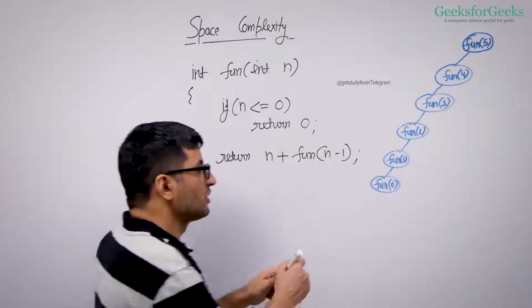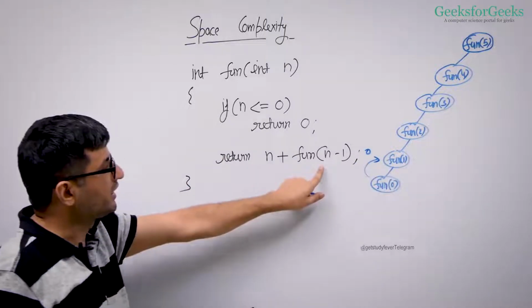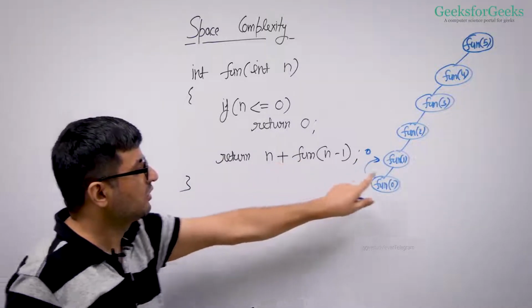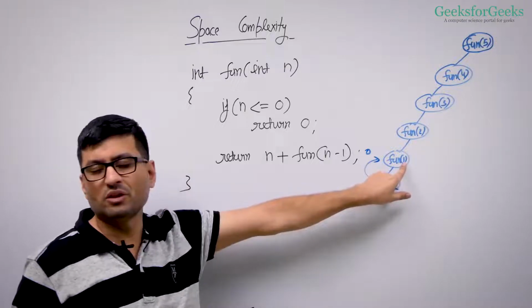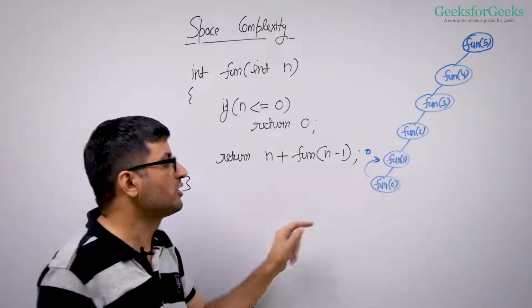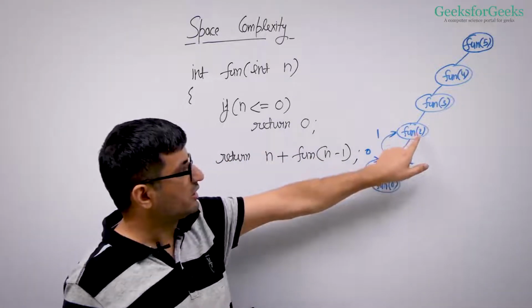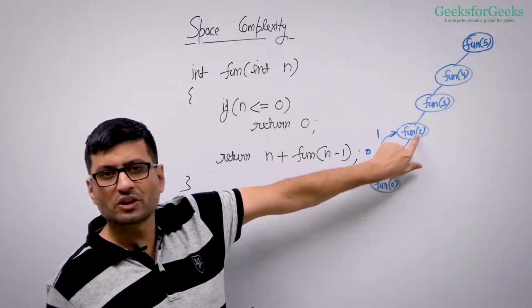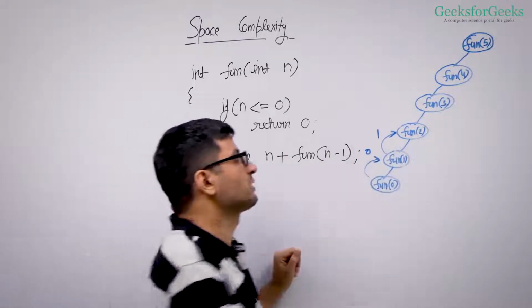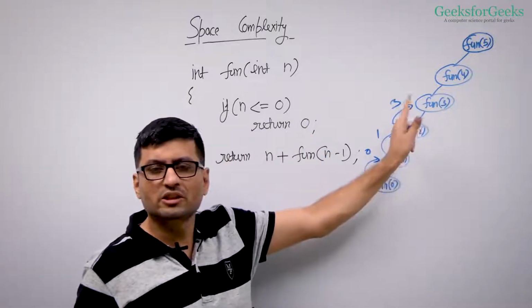Right? And what does fun 0 return? It returns 0 to its parent. Then what does the parent do? It takes this 0 and adds it to n. And what is n for the parent? Parent has n as 1. So it returns 1 plus 0, 1, to its parent. Then this returns n, which is 2 for this function call, 2 plus 1, 3, to its parent. And then it returns 3 plus 3, 6, to its parent.